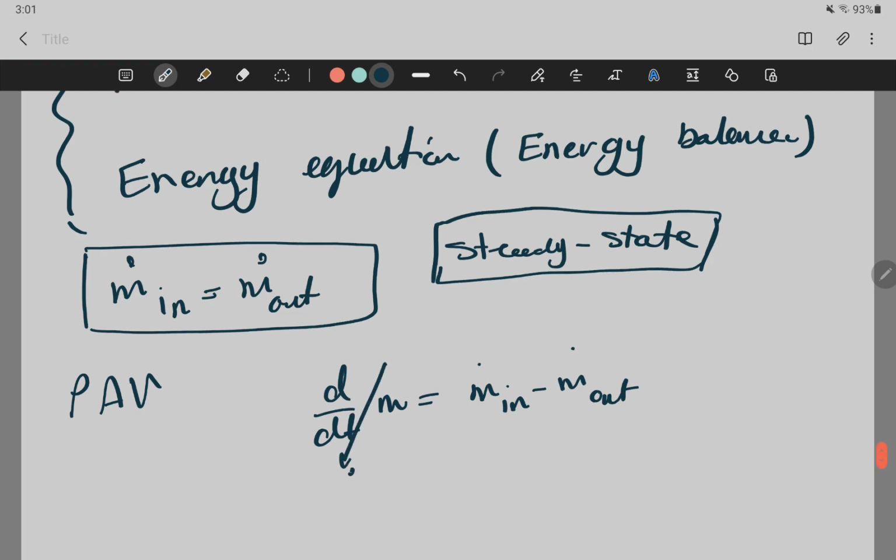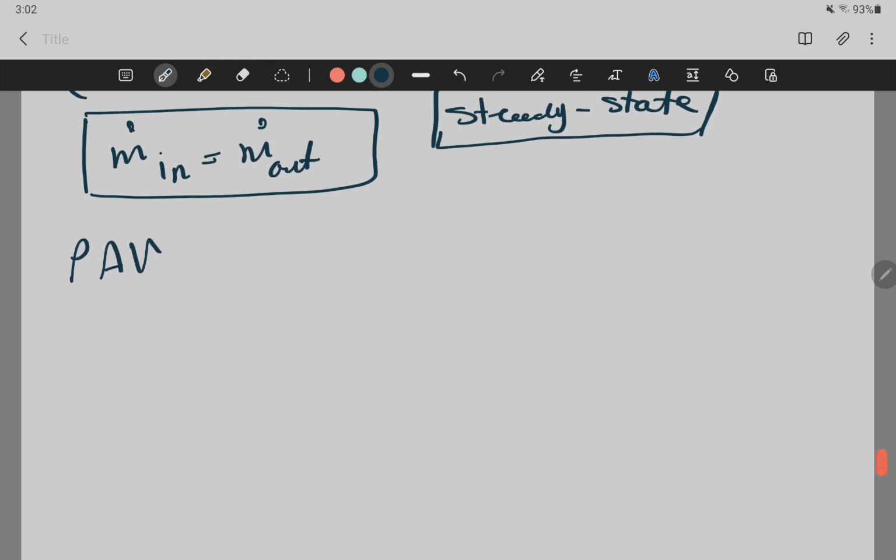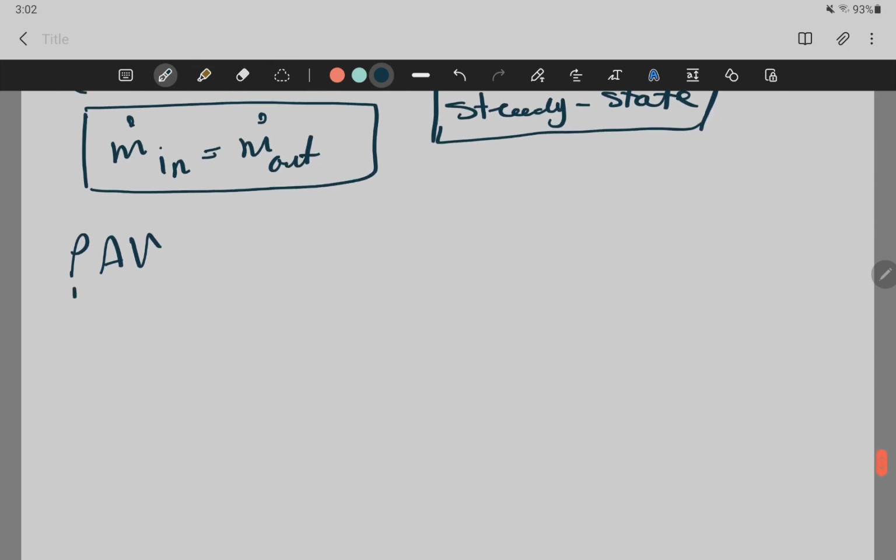But this is 0. So this is your main equation: density in, area in, velocity in equals density out, area out, and velocity out.